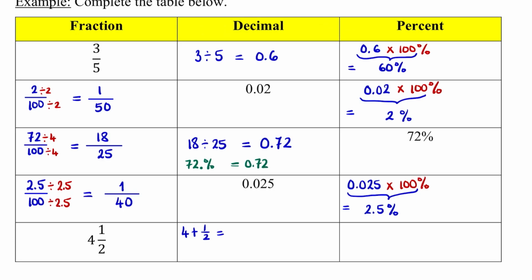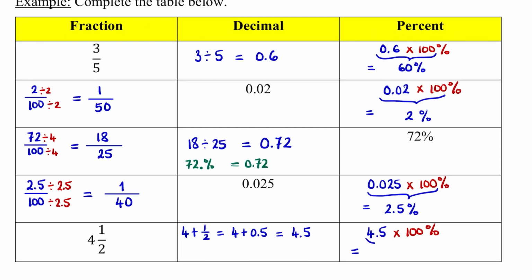So that is equivalent to 4 plus 0.5, and that is equivalent to 4.5. 4 and 1/2 is equivalent to 4.5. And I want to write it as a percent. I'll take 4.5 times 100%. When taking 4.5 times 100, I have 450%.